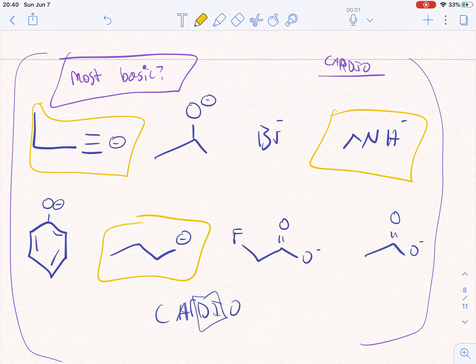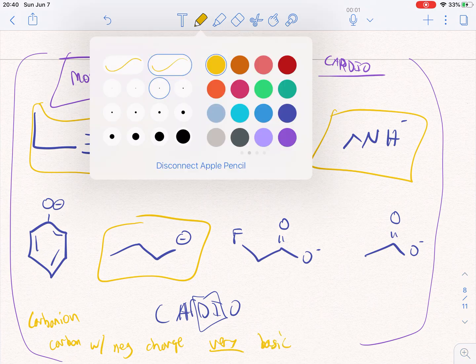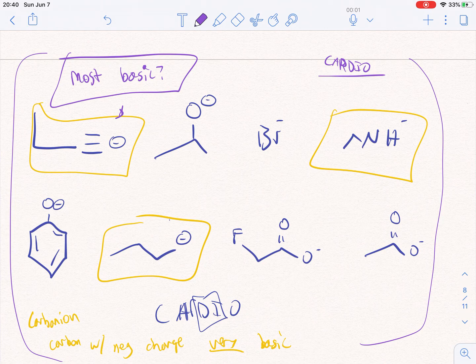The reality is that a carbon ion, or carbon with a negative charge, is going to be extremely basic. Very basic. Now, the question is, of these two, which one is the most basic?